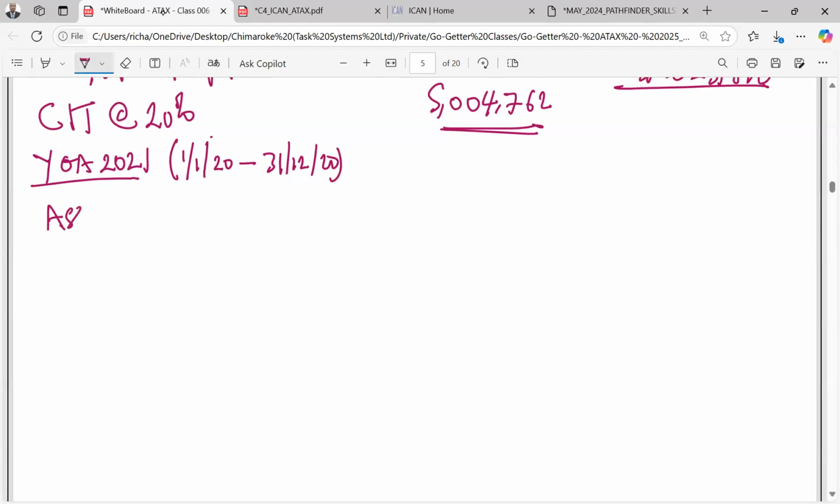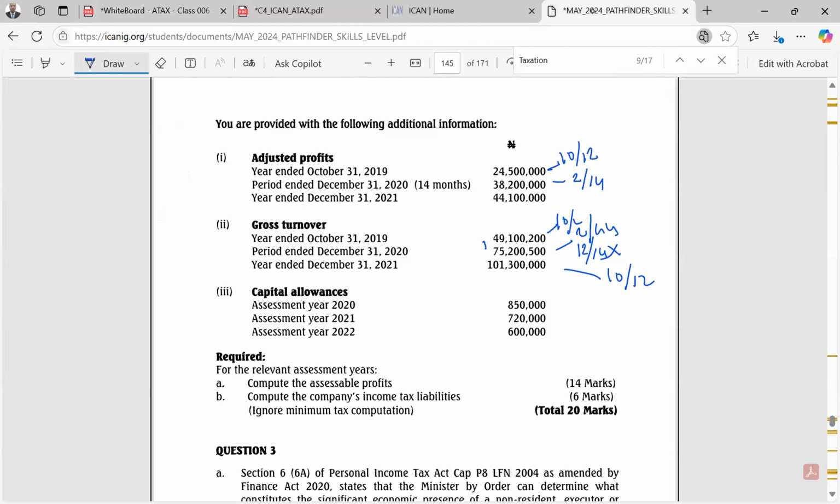The assessable profits, what is it going to be? We are now taking 12 over 14 of this.